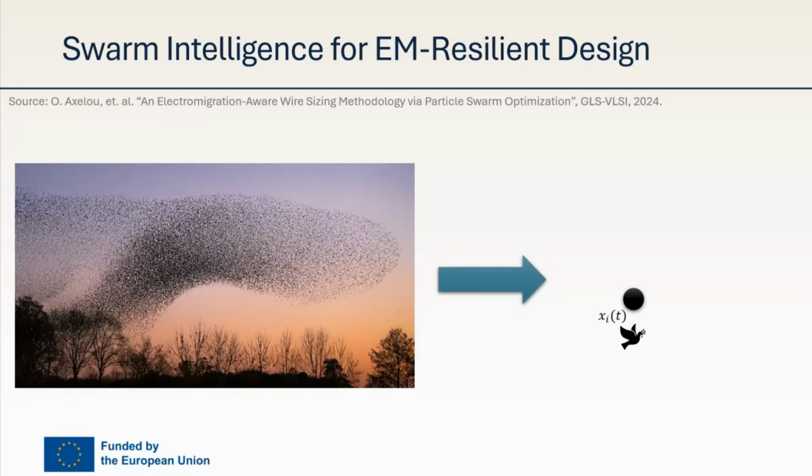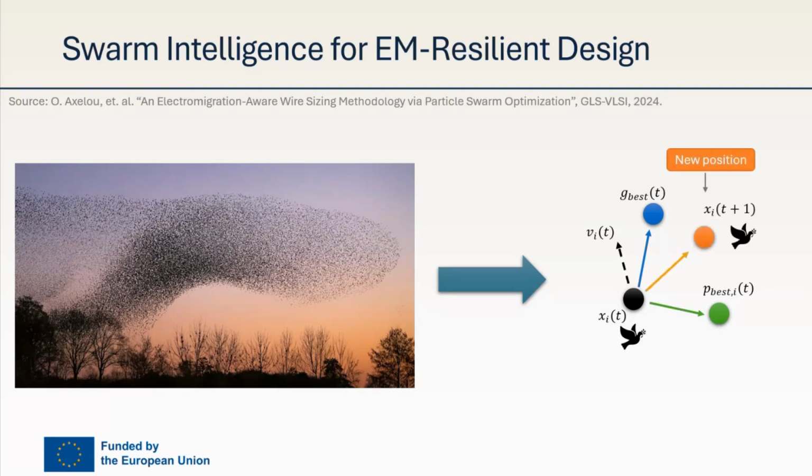And based on its own best solution that it has seen in the past, and also the global best solution found in the swarm, it adjusts its position. Now, this approach is particularly well suited for problems like ours, like wire sizing in power grids, while keeping area relatively minimal, because it is well suited for high-dimensional and non-linear optimization problems like ours.